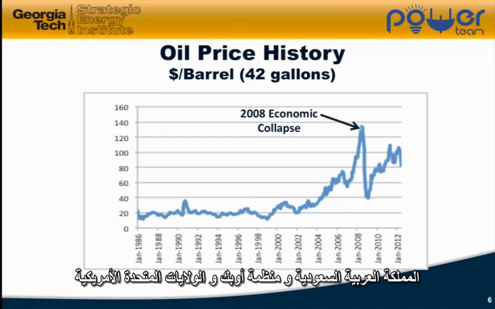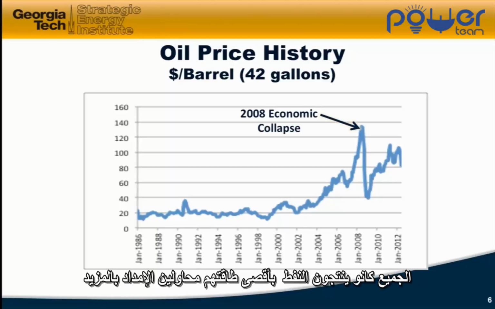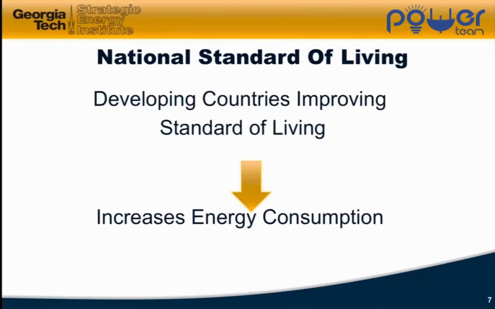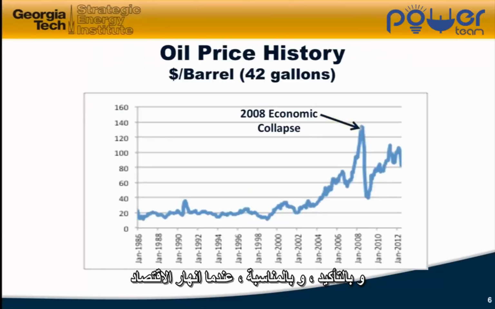Saudi Arabia was, OPEC was, the U.S. was, everybody was producing as much oil as we could produce, trying to supply more and more oil to bring the price down. And of course, when the economy did collapse, the price dropped all the way to $40 a barrel in 2009. So there's an impact there, of course, of price and demand.